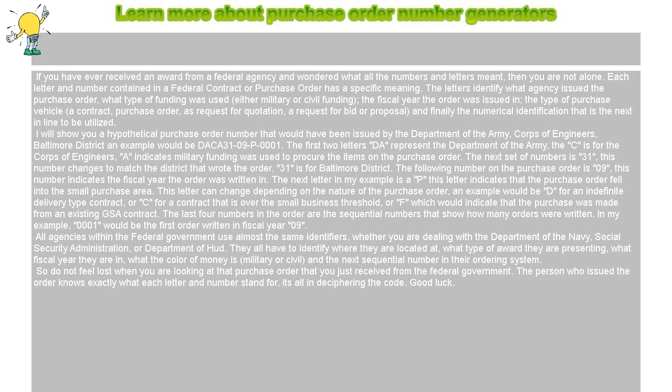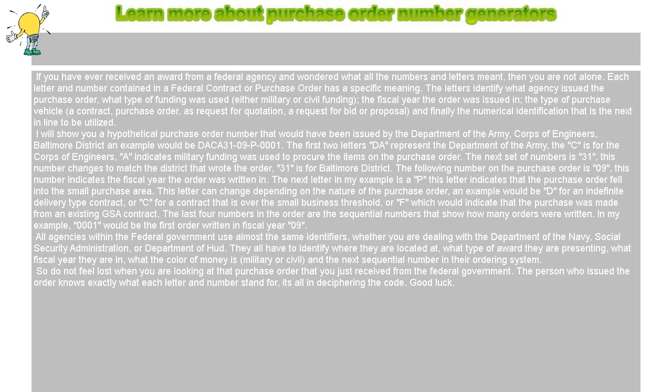The following number on the purchase order is 09. This number indicates the fiscal year the order was written in. The next letter in my example is a P. This letter indicates that the purchase order fell into the small purchase area.